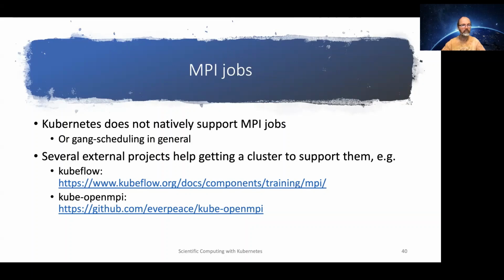There have been several external projects developed over the years to help facilitate that. The two I'm aware of are Kubeflow and kubeOpenMPI. You have the links there. I can't say which one is better. I know some use one, some use the other. It's just not native to Kubernetes, so something to be aware of.